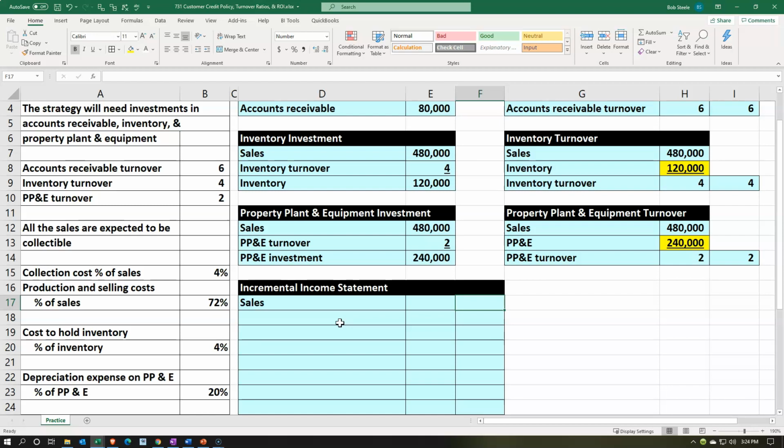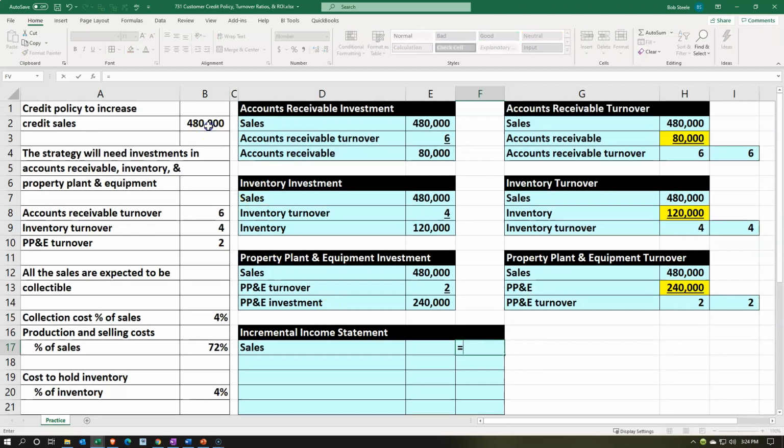My main goal is just to see what the bottom line effect would be on the net income. So I'm going to group all the costs or expenses together as one group to see what the change would be for this calculation. So this is going to be equal to the 480,000, and then I'm just going to say costs, or I could call it expenses, colon.